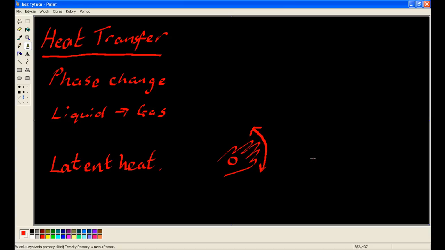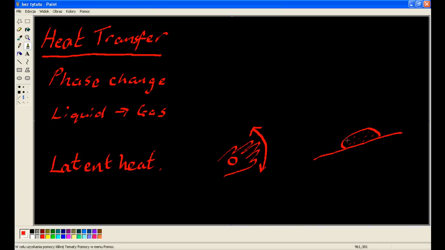Let's draw this a little bit in more detail. There's the skin of your hand, and there's the water droplet on your hand, and you're moving your hand around, and the water's evaporating. Let's see what's actually happening. Inside the water, we get water molecules. Now, these water molecules, they have heat. They are vibrating.